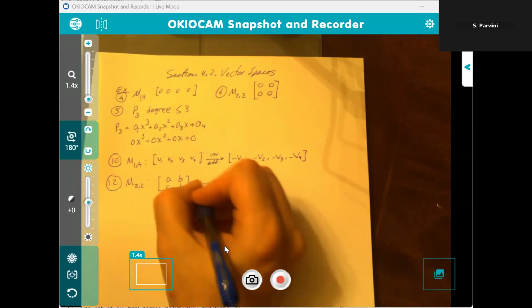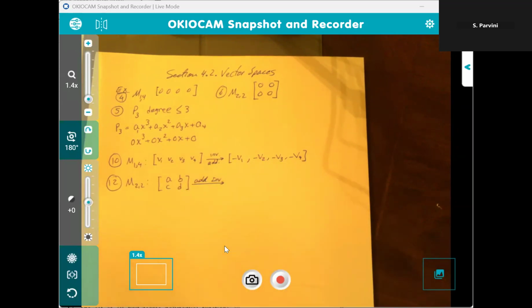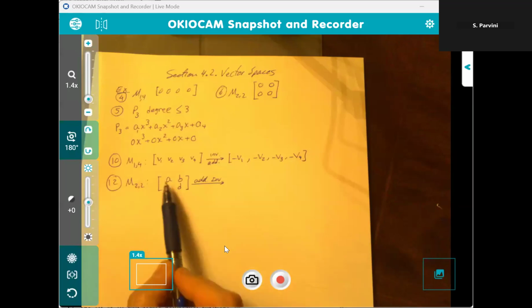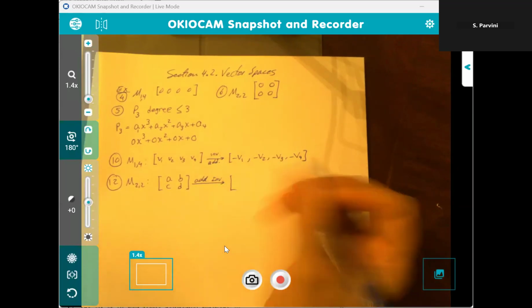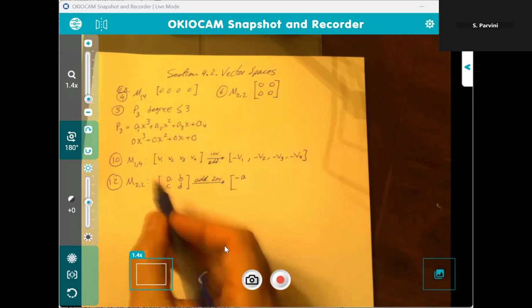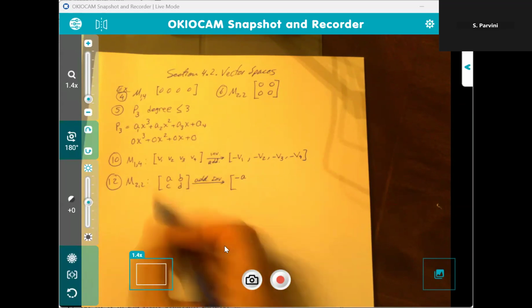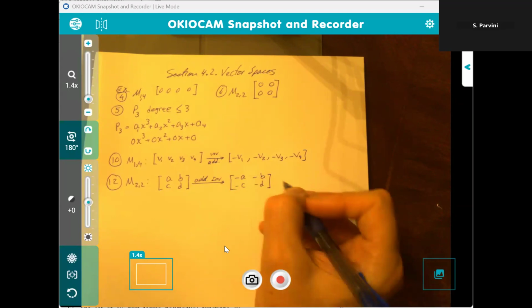What does the additive inverse look like? What makes each of these 0, right? So what makes A 0? Negative A. You got it. So additive inverse of A is negative A, and likewise negative B, negative C, negative D.